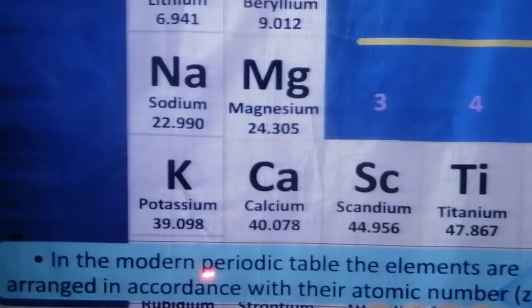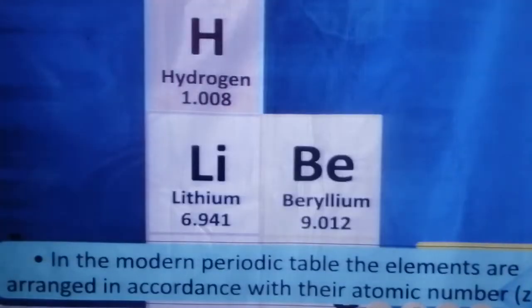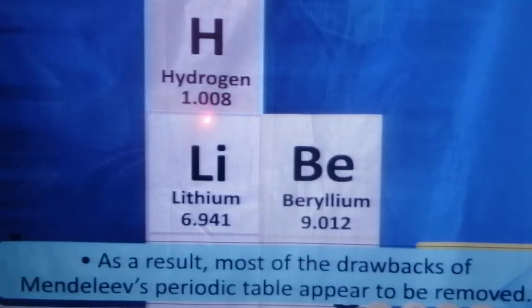In the modern periodic table, the elements are arranged in accordance with their atomic number, denoted by Z. Hydrogen is 1.008, lithium 6.941, beryllium 9.012.